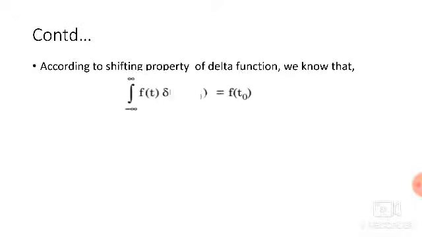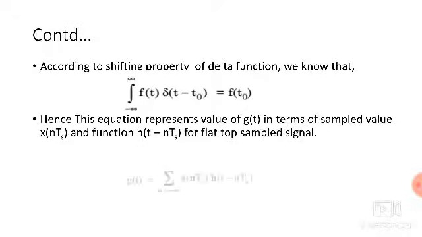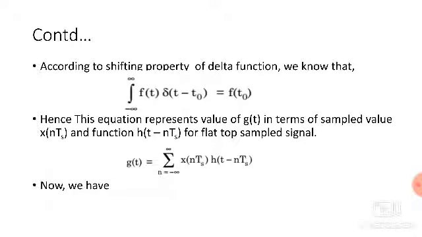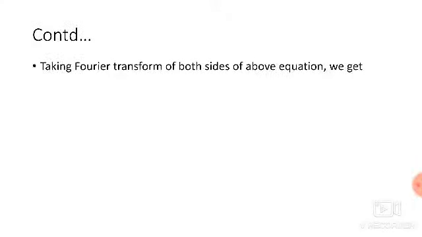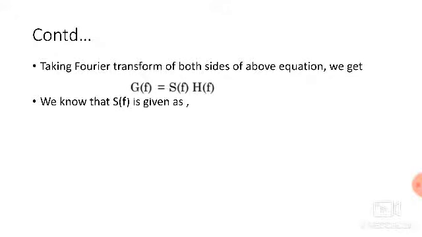This convolution between the two signals produces the final output. According to this property, we can prove g of t is equal to the sum of x of nTs times h of t minus nTs. The flat top sampled output can be represented in both time domain and frequency domain. In the frequency domain, it is g of f equal to s of f multiplied with h of f.